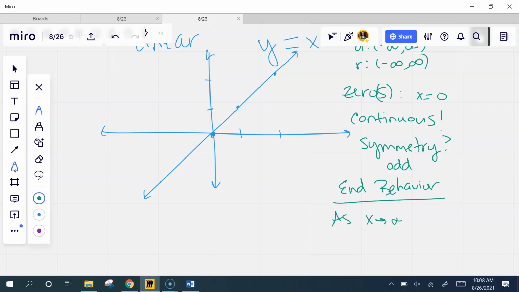As x approaches infinity, y, or f of x, approaches what? Infinity. That just means the right side of the graph goes up. How about the left side? Negative infinity. That's exactly right. Questions or concerns so far?